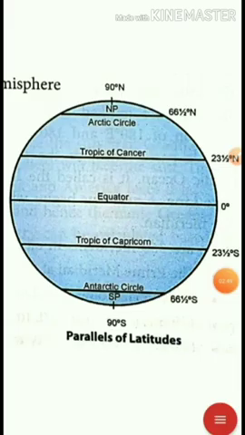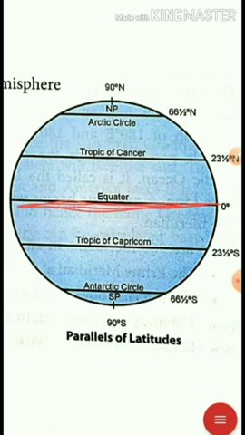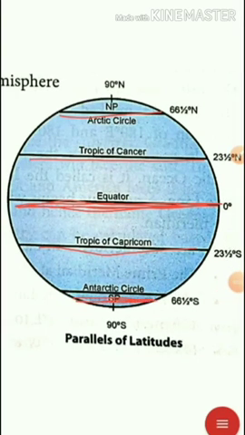Latitudes are also called parallels of latitude. So why are latitudes called parallels of latitude? I will discuss. Suppose this is a globe, this is the equator, and we know that the equator is a latitude. This is the Tropic of Cancer, this is the Arctic Circle, this is the Tropic of Capricorn, and this is the Antarctic Circle.